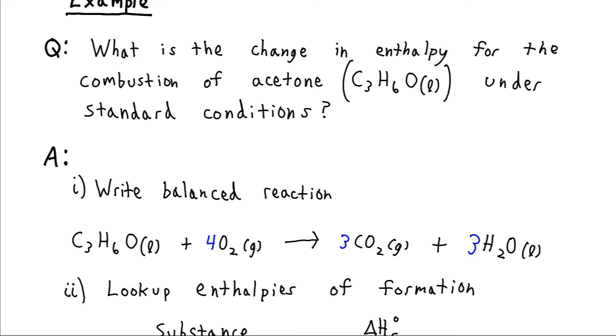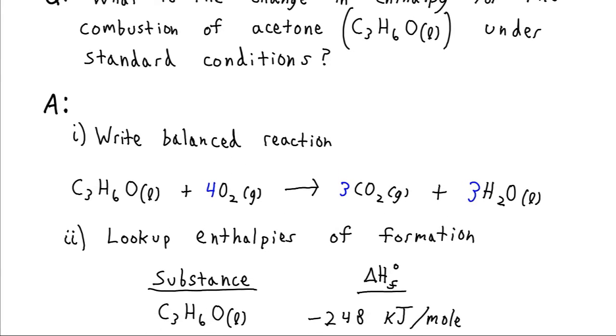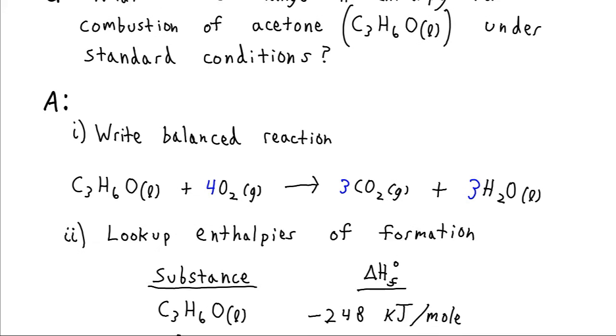Now we're going to look up the enthalpies of formation for these substances. Now the phases are important. It matters whether we have a gas or a liquid or a solid or some different form. And so we want to make sure we look up the enthalpy of formation for liquid acetone. And we find that's minus 248 kilojoules per mole. Now if we try to look up oxygen here, we're going to run into some trouble.